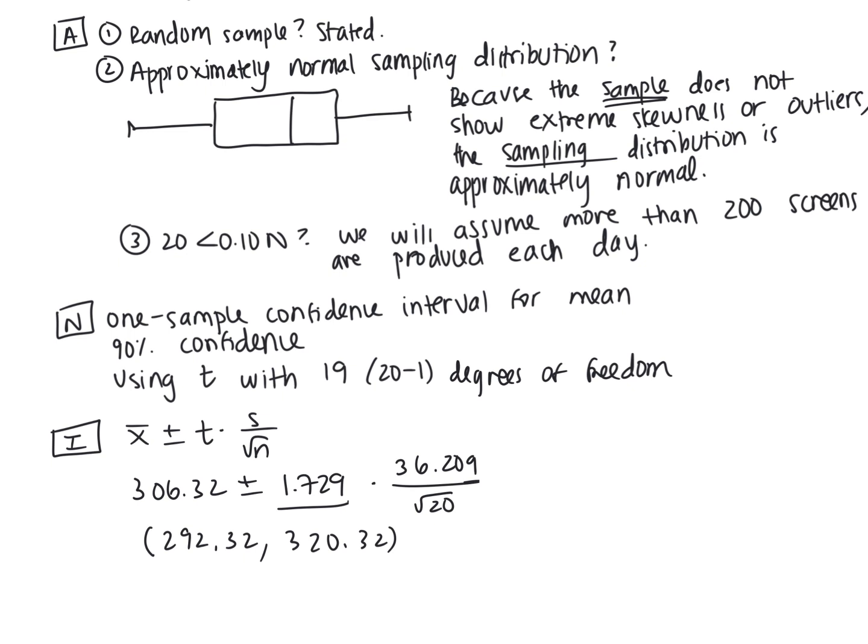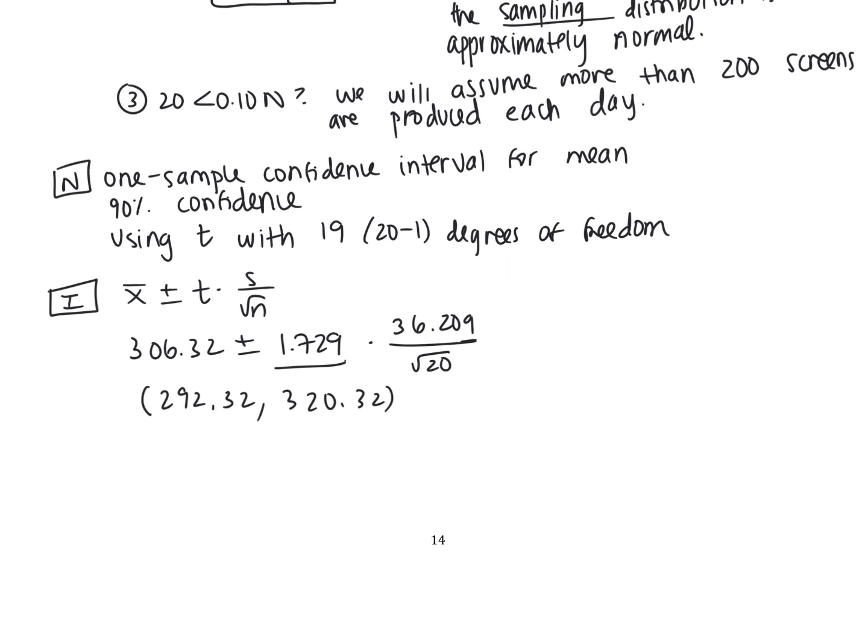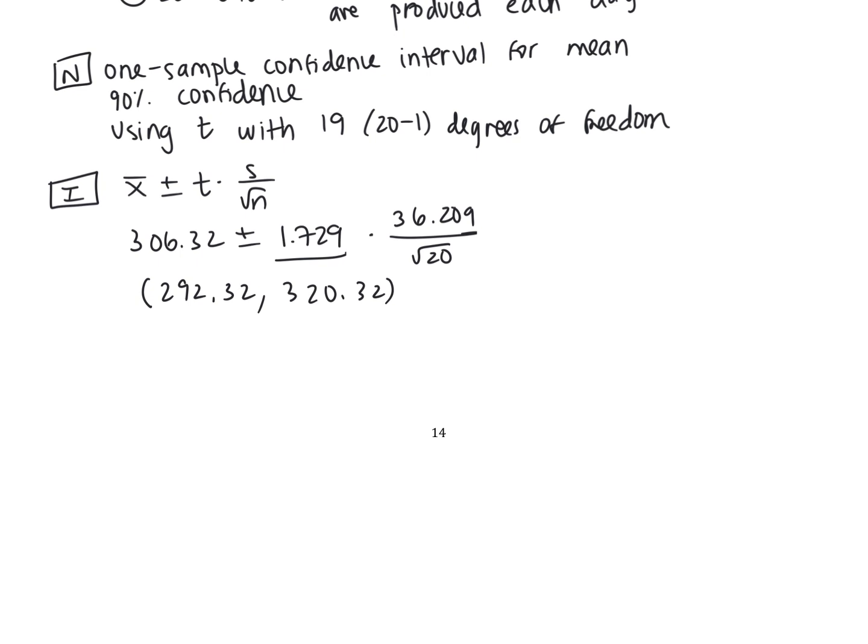You guys agree? Okay, questions before we write our conclusion? Can we also check this, how we check the population proportion on the calculator? Yes, once we write our conclusion, we'll talk about that.